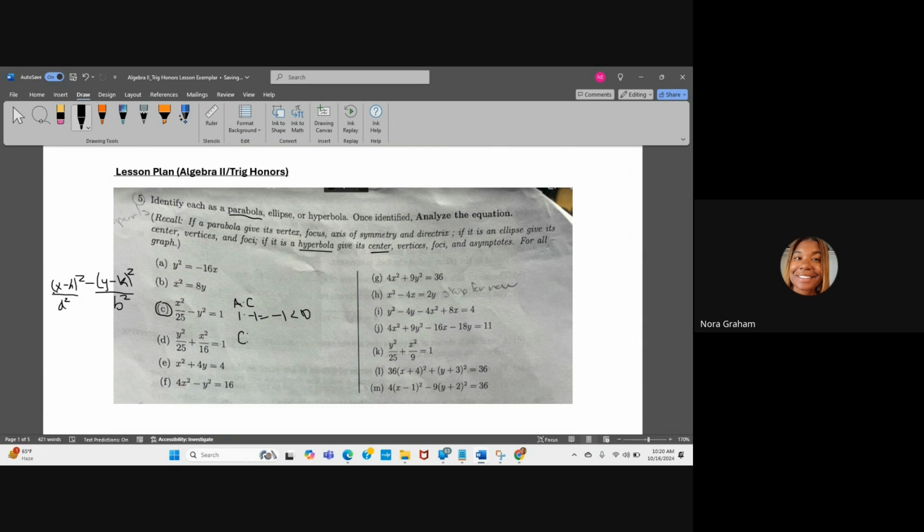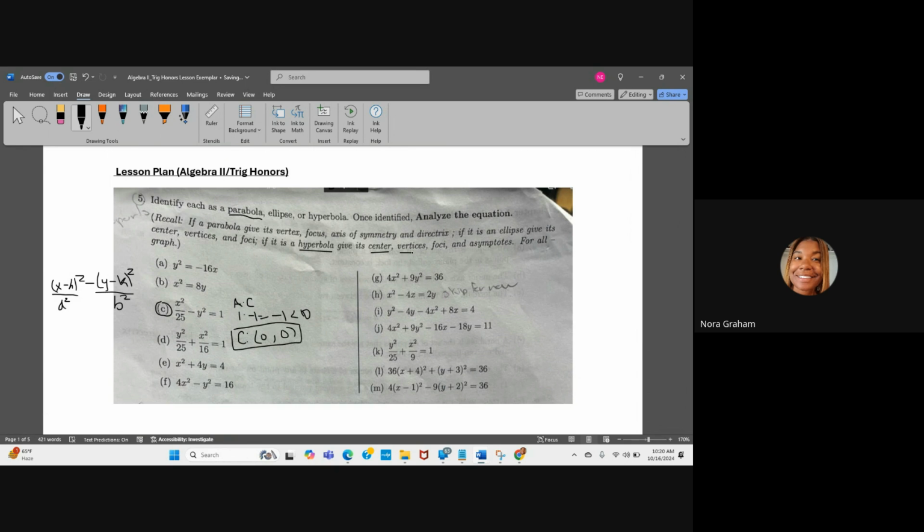Okay, so that's the basics of a hyperbola. Our center is always (h, k), but in this case, we're not adding or subtracting anything from our x squared or our y squared. So our center is just going to be (0, 0). There's no shifts or anything going on with this one. So that's our center.